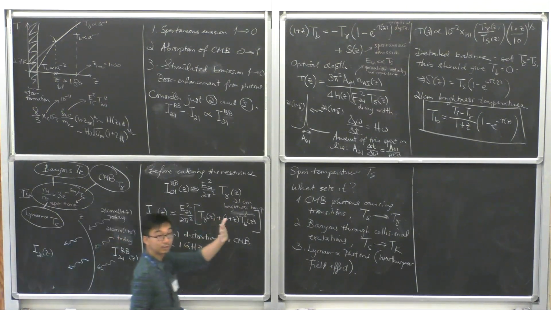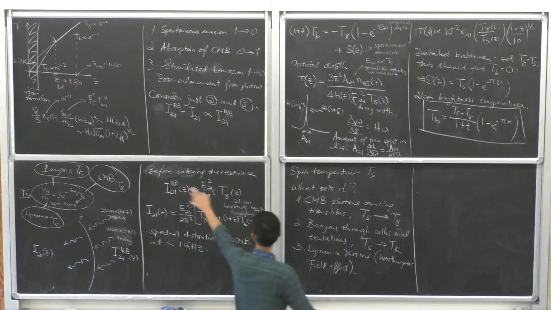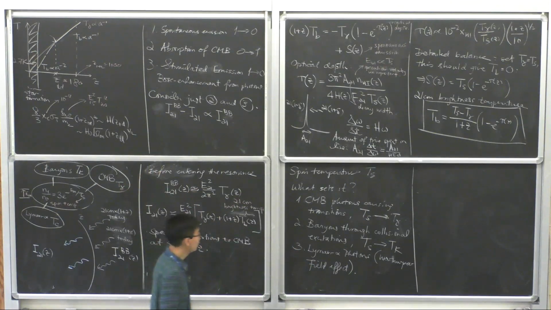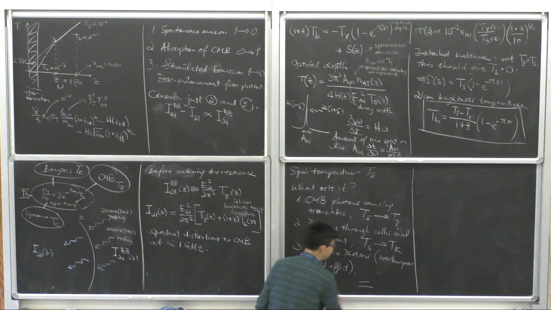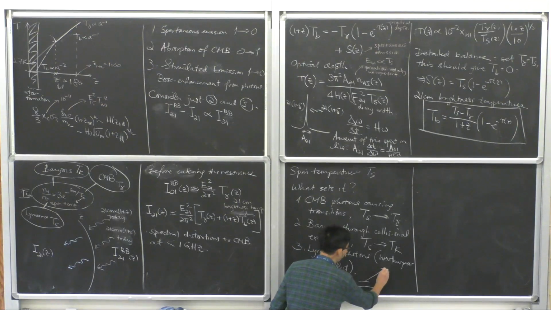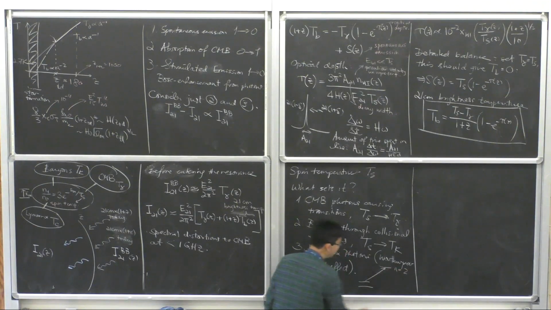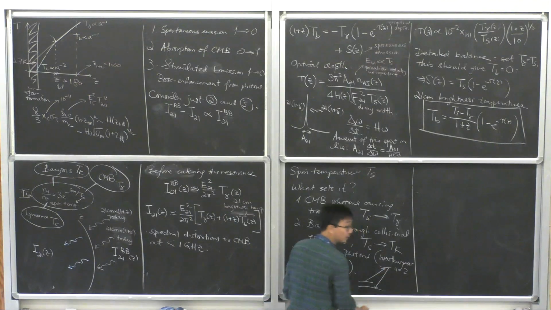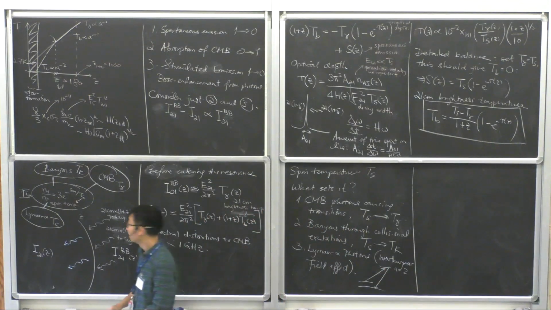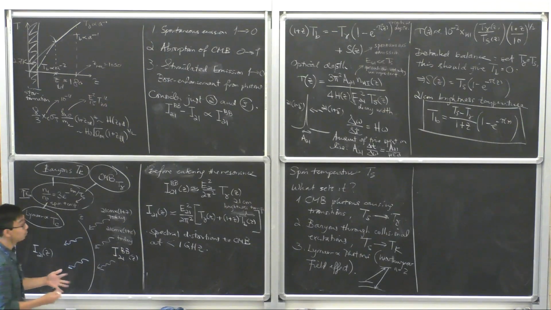Okay, so how does this work? Well, suppose you have Lyman alpha photons present in this hydrogen gas. Then from the two-level state, it can go up to n equals 2 from the excited state, and then back down to the ground state. So the presence of Lyman alpha photons allows transitions between 1 and 2.